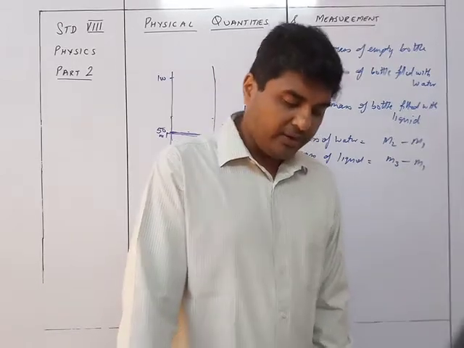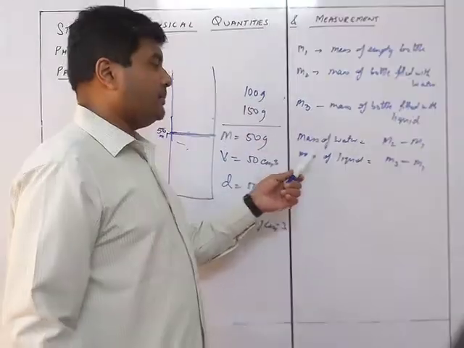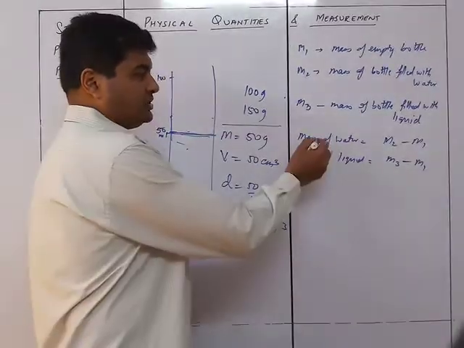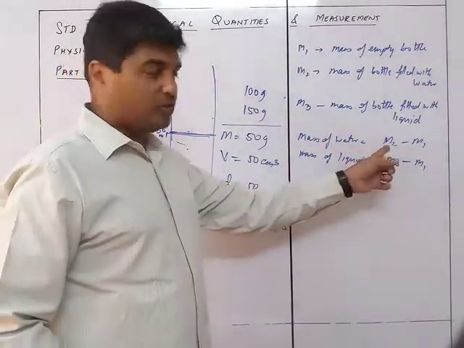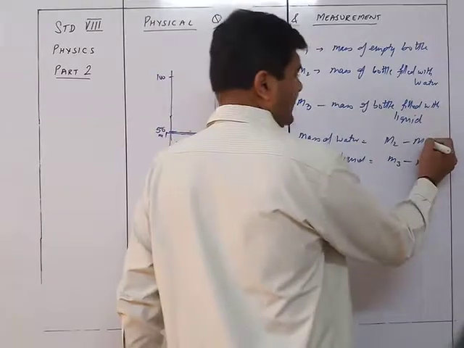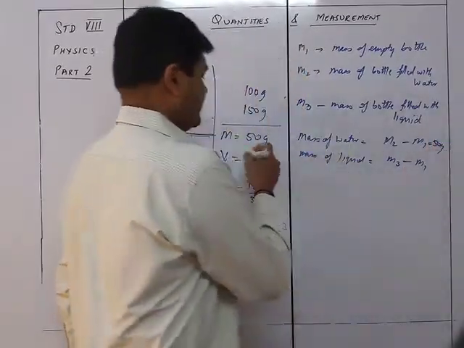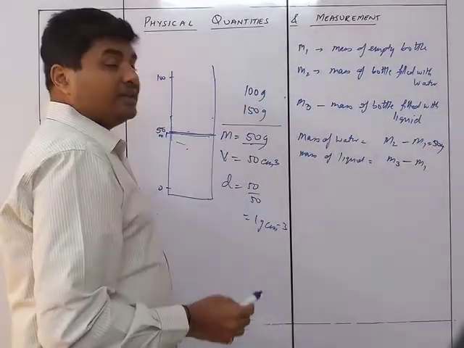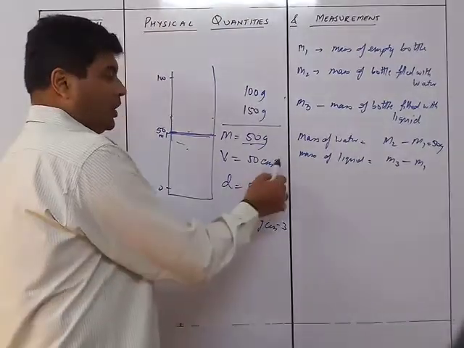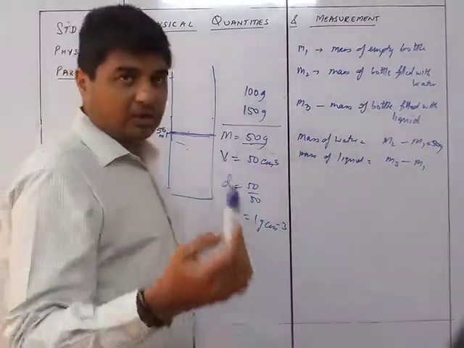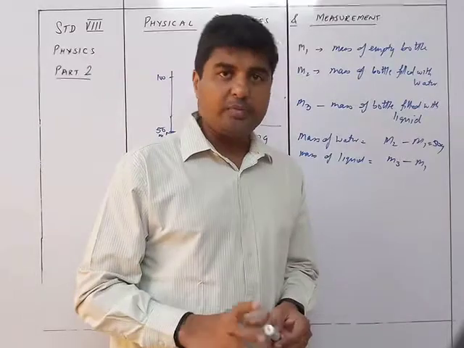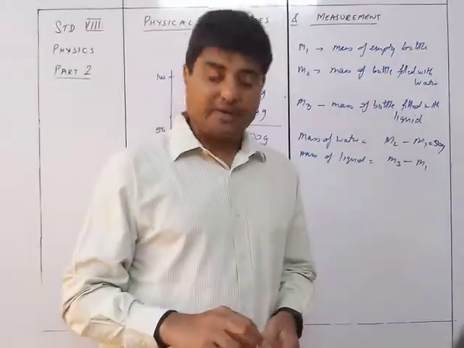Whatever mass of water I get, suppose I get it as 50 grams, like in this case, then automatically the volume of this particular bottle will be 50, not grams, centimeter cube.